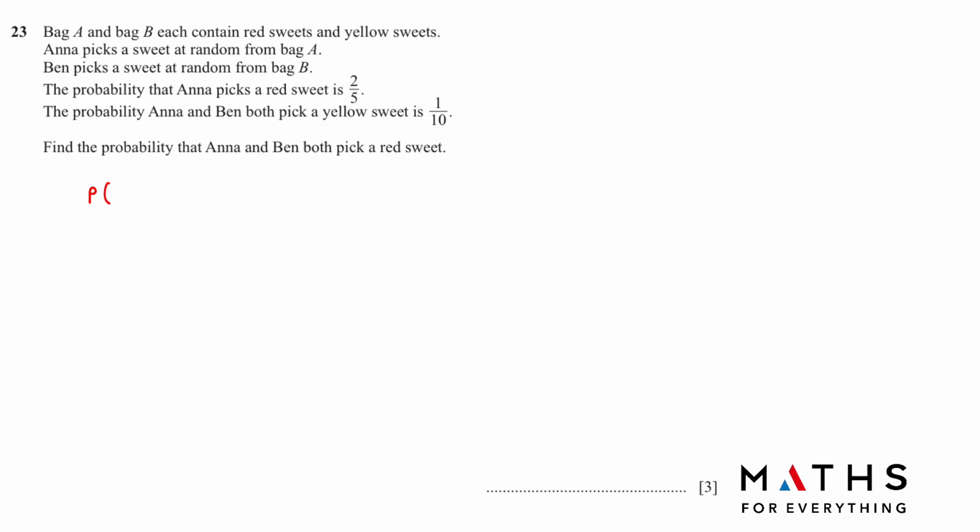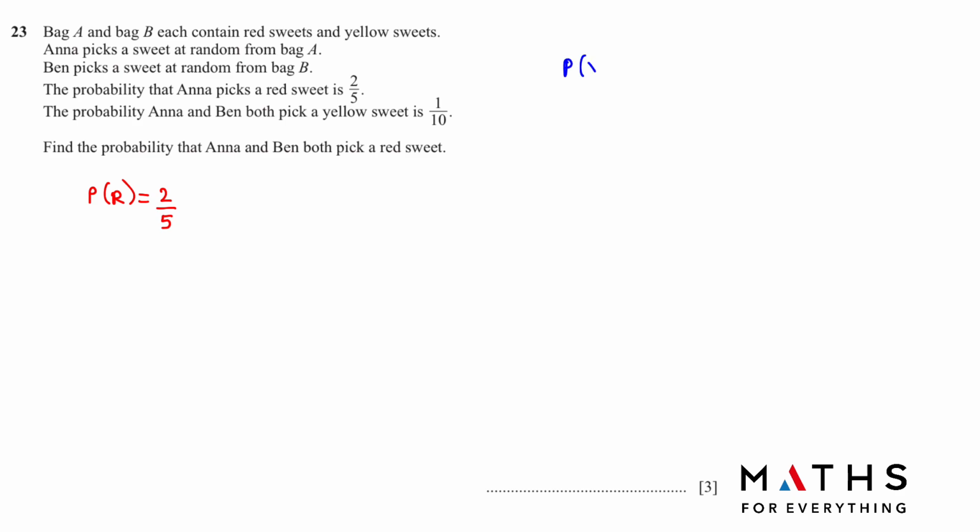The probability of getting a red sweet is 2 over 5. Both Anna and Ben pick a yellow sweet. Before that, we need to find the probability of the yellow sweets. You know that total probability is equal to 1.